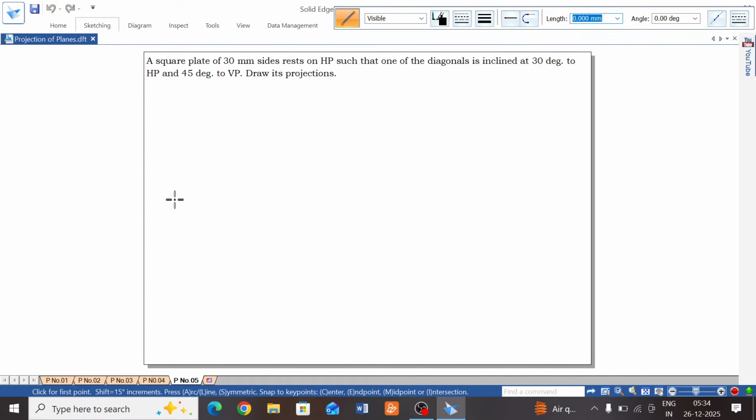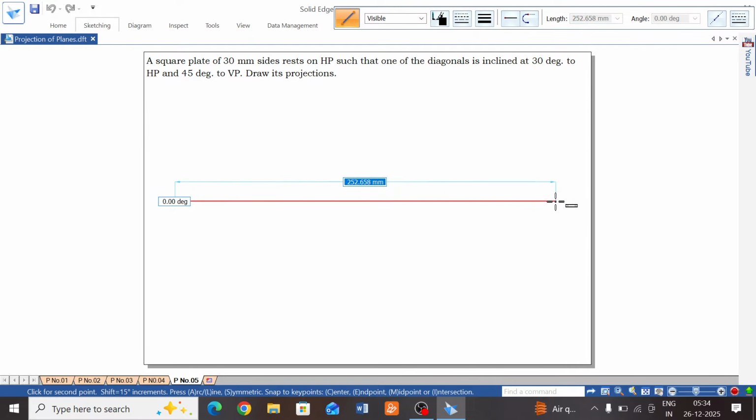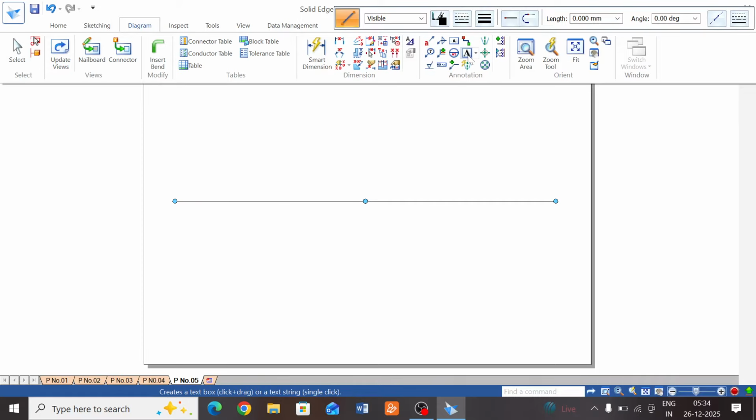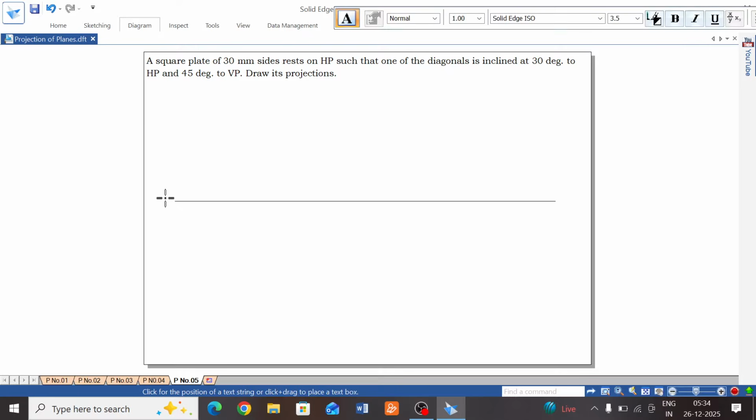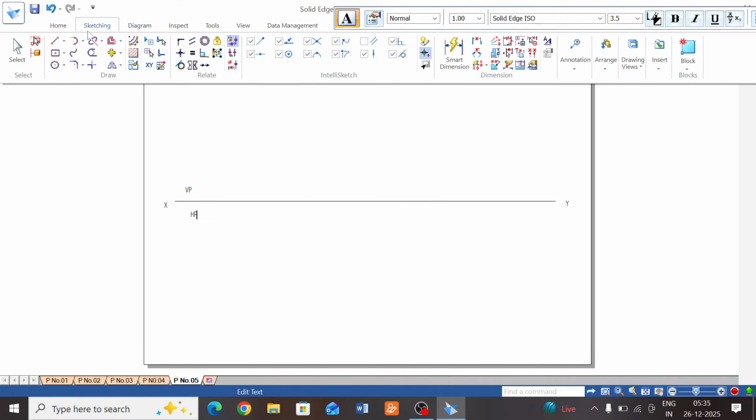Okay, first draw the XY line and write the quadrants and XY with capital letters.